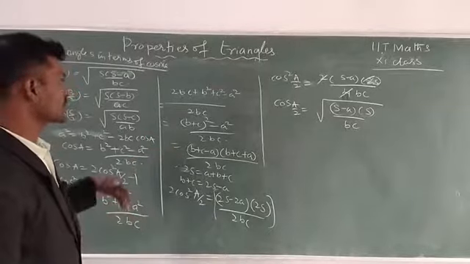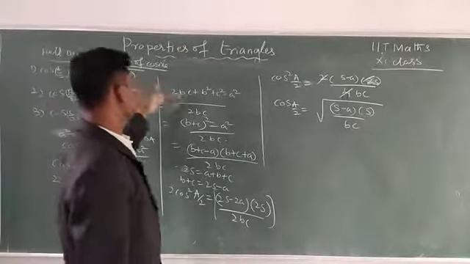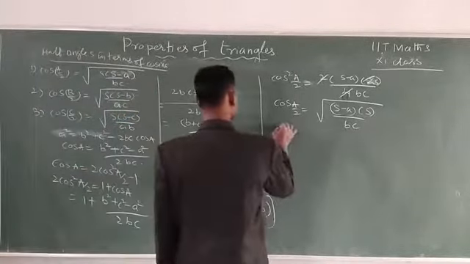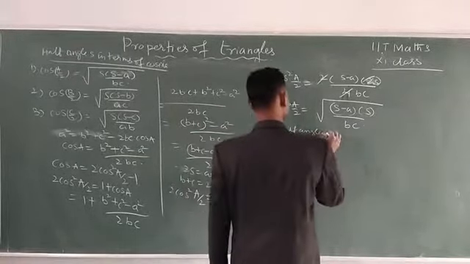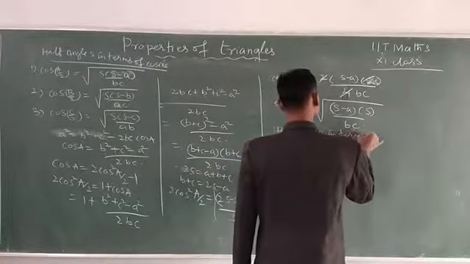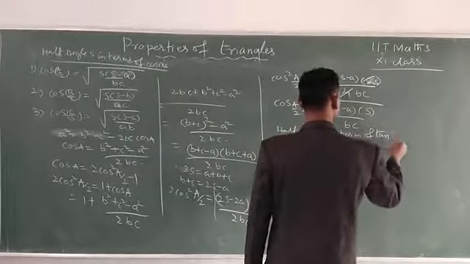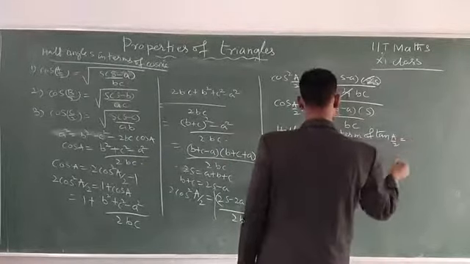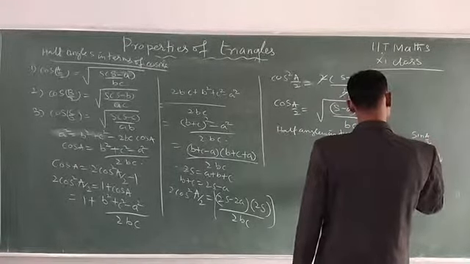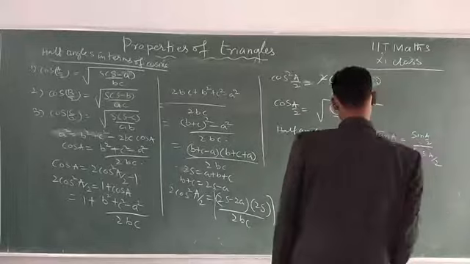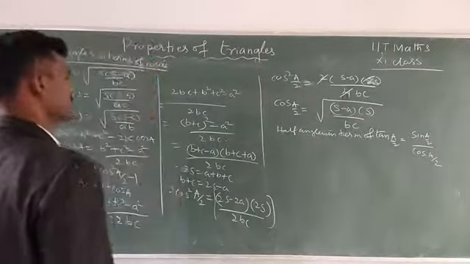Now here only I will explain. Half angle in terms of tan. Tan A by 2 is equal to sin A by 2 by cos A by 2.